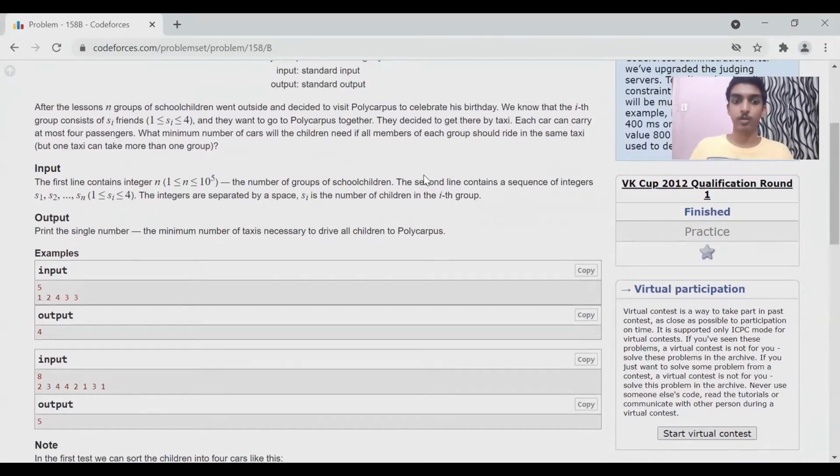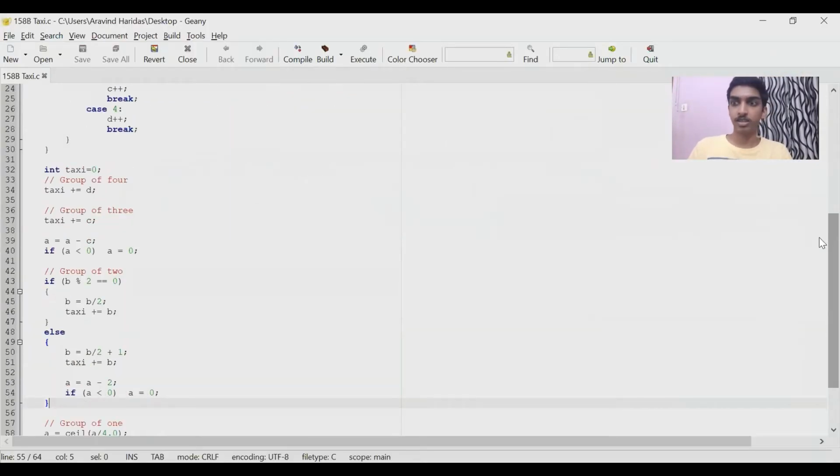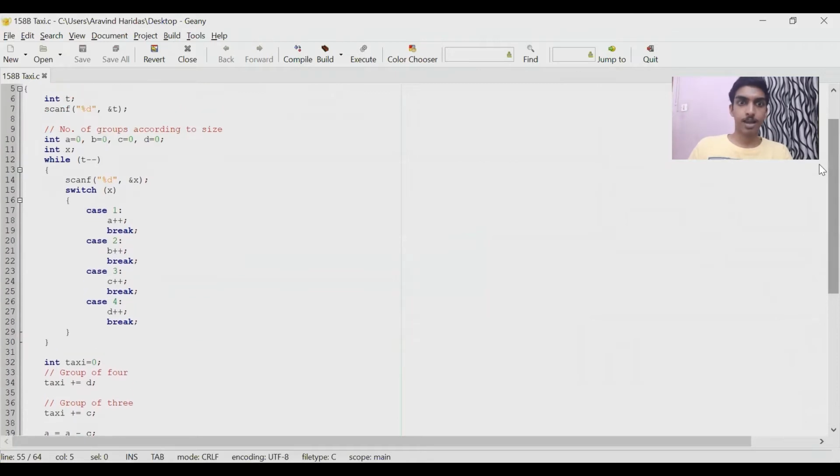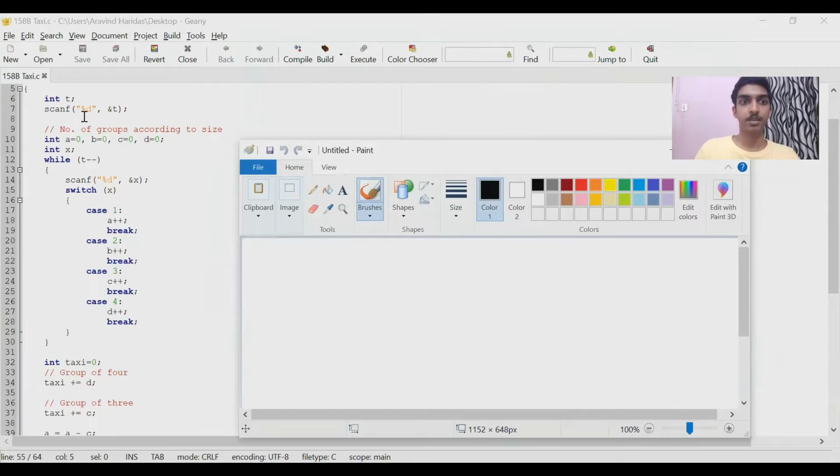Now let's look at the code for it. So here is the code, and basically we have an integer t over here, and we have integers a, b, c, and d.